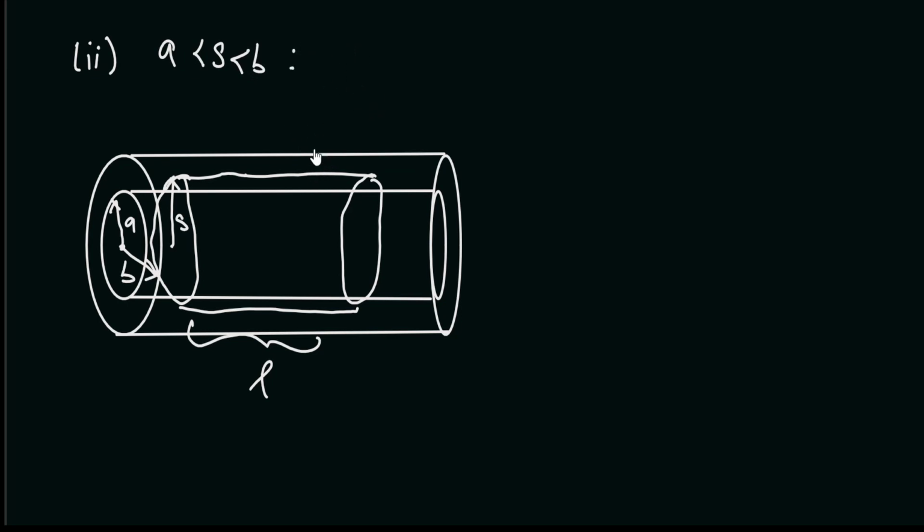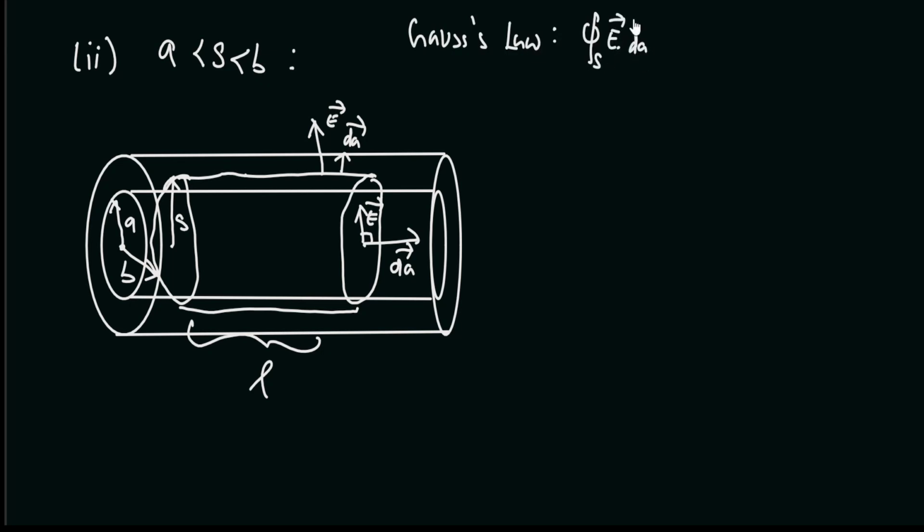Now we can use the same logic we applied in the last case. The electric field will again be along this direction, and the dA vector will also be in this direction, so we can get rid of the dot product and take the electric field outside the integral sign. And again, the dA vector for the end cap will be along this direction and the electric field will be along this direction, so the dot product will again be 0. So again, we can first write down the Gauss's law, which is closed surface integral of E dot dA is equal to the charge enclosed divided by epsilon naught.